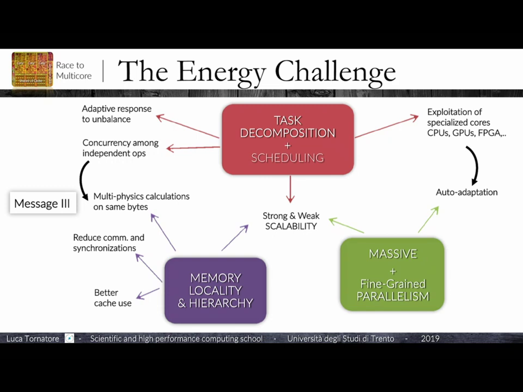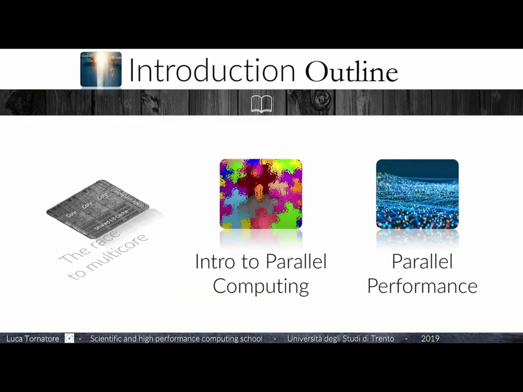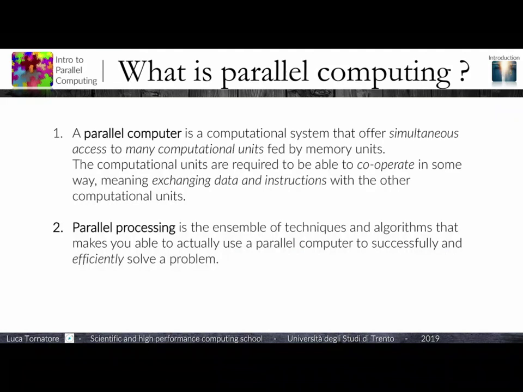So you absolutely have to change your mind, because this is task decomposition and scheduling, memory locality and hierarchy, and massive plus fine-grained parallelism. These are the 3 pillars basically, right? Okay, just an introduction.